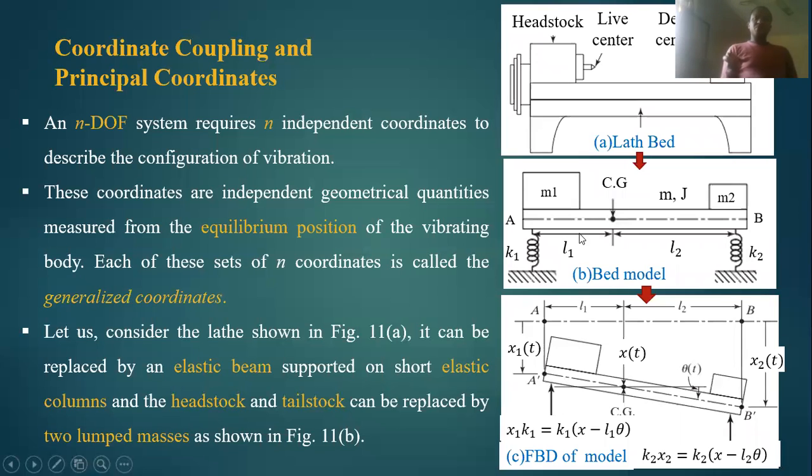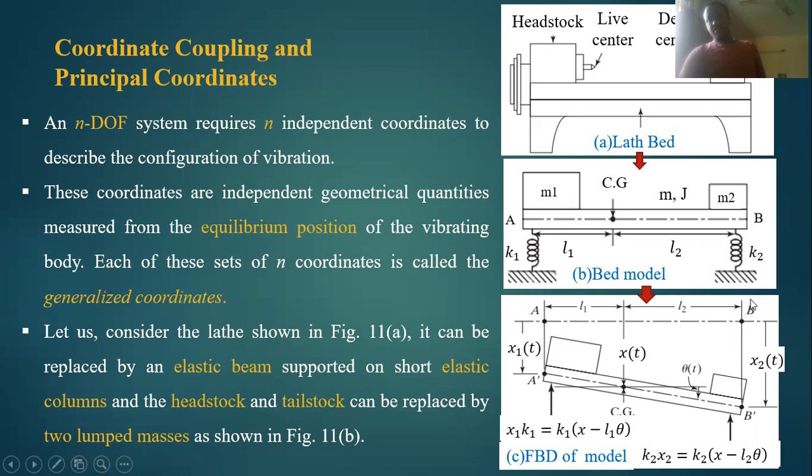The vibration of this model is considered as 2-degree of freedom vibration. So we have x1 of t and x2 of t as the two modes of vibration or deflection of the system from its equilibrium position.